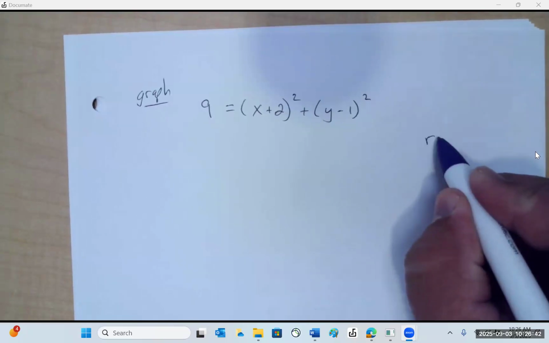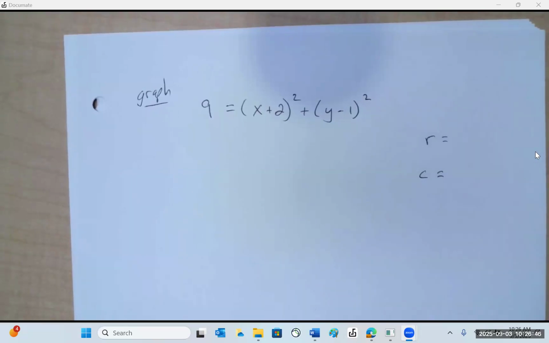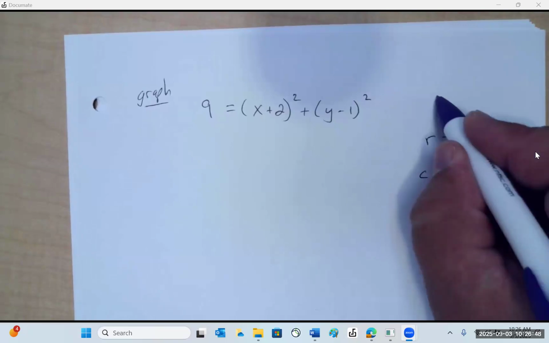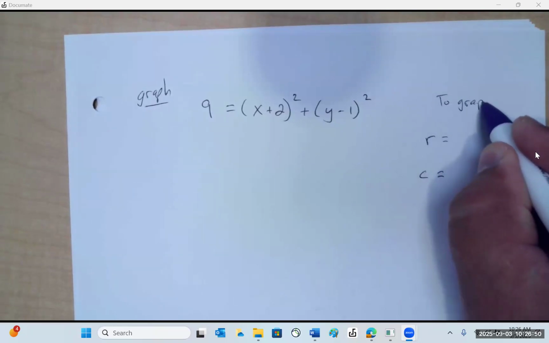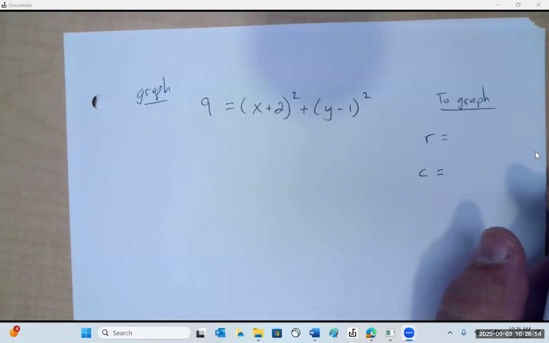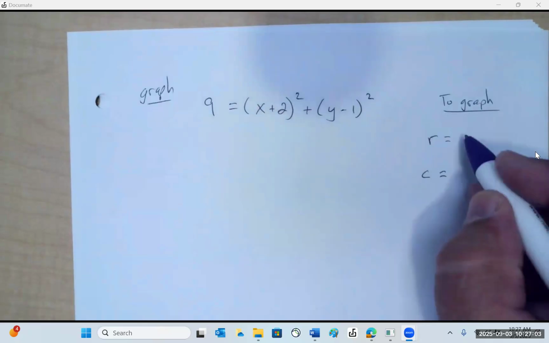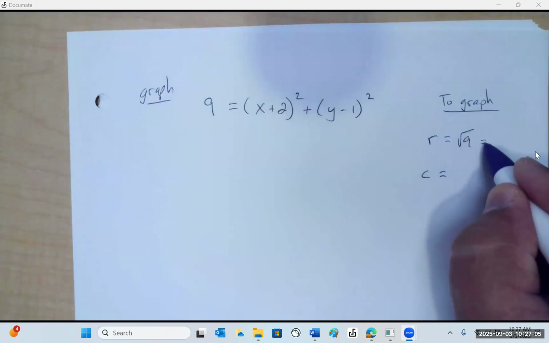We have to find the radius and you have to find the center. So what's the radius? Let's try again. Is there a square term? No, so we have to square root it. So the square root of 9 is 3.